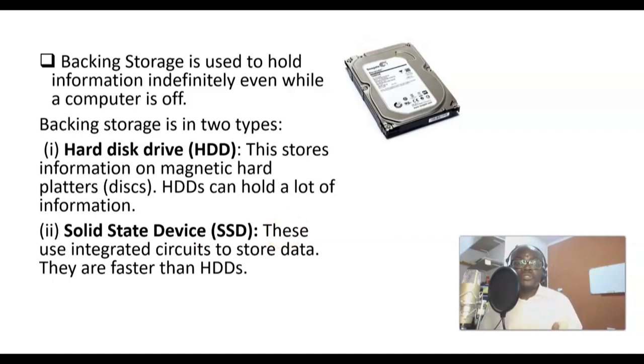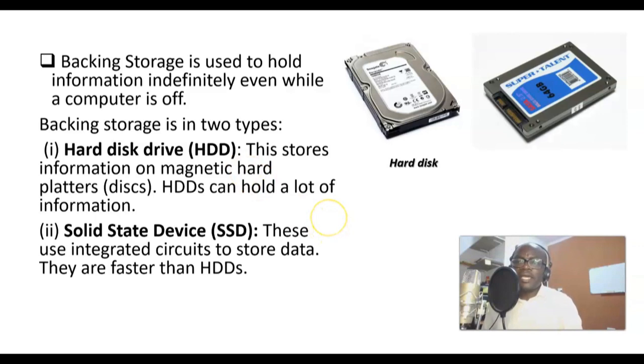And well, these solid state devices, they use some sort of integrated circuits, okay, different circuits which are connected together. And so they are very fast, okay. When you want to access something on it, it will quickly display on the computer, so they're quite fast. All right, so that is your hard disk, and a solid state device looks like that.